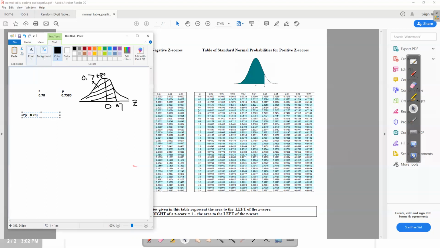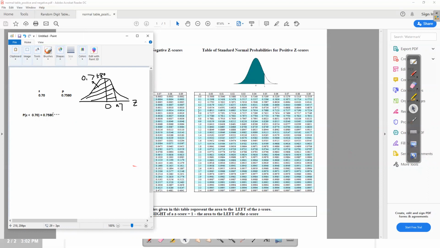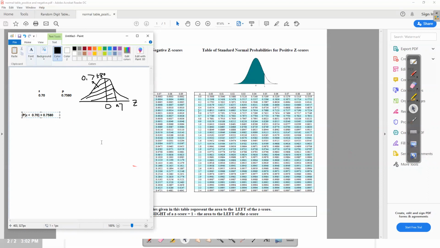So when Z is less than 0.70, that area probability will equal 0.7580, right? The Z table basically provides you many, many relationships just like this. And that's how you read the Z table.